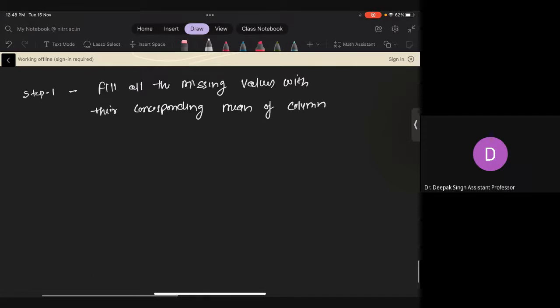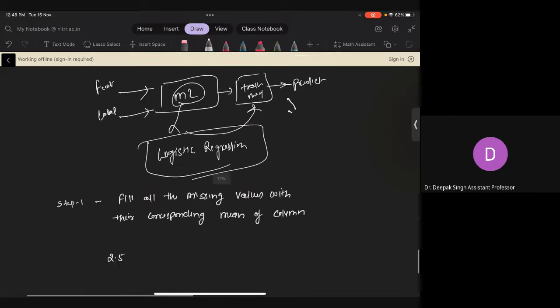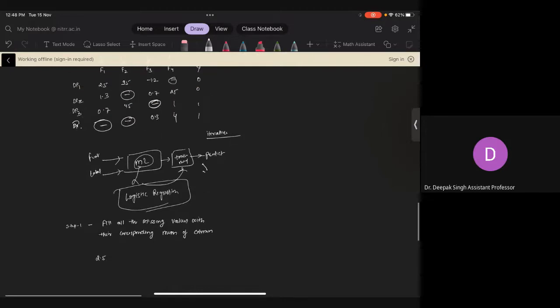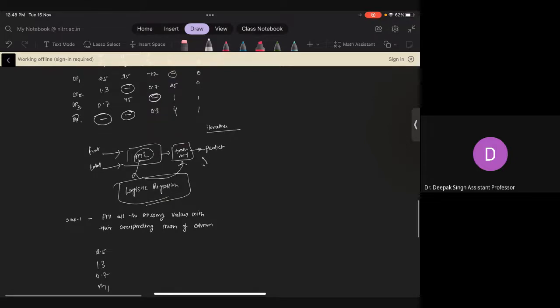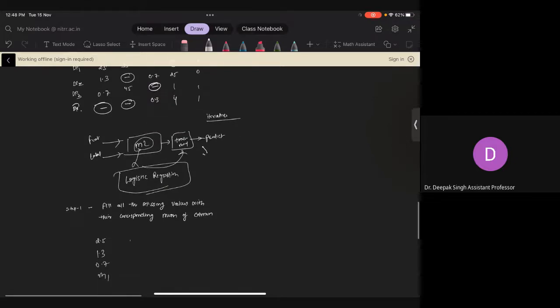You will get a data set which will look like this: 2.5, 1.3, 0.7, and then m1 comes, the mean 1. Then you have 95, m2, 45, m2 again.